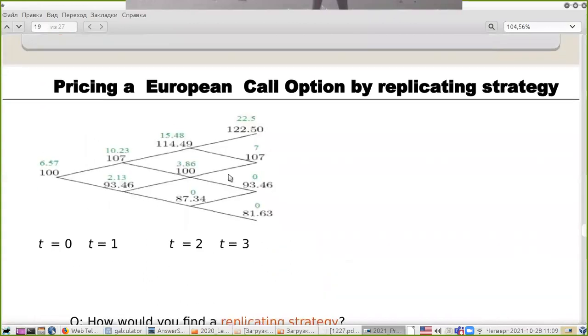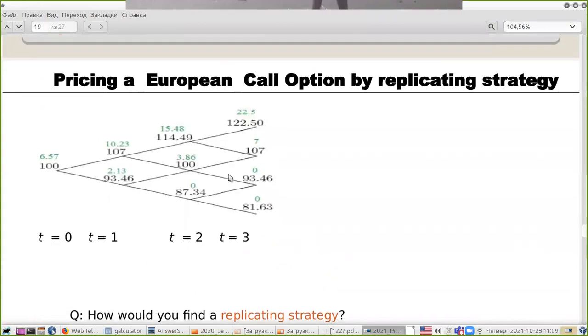And now we should find out what a replicating strategy is and how we can use a replicating strategy for the aim of pricing a European call option.